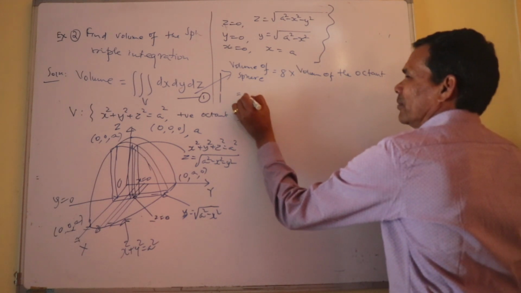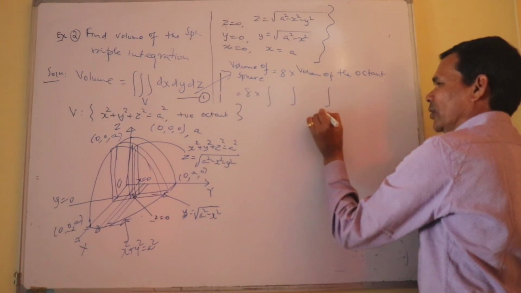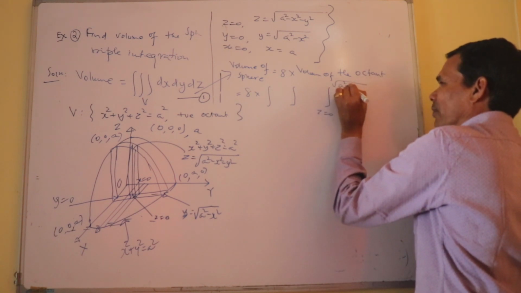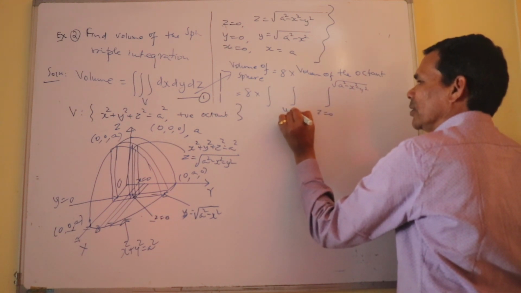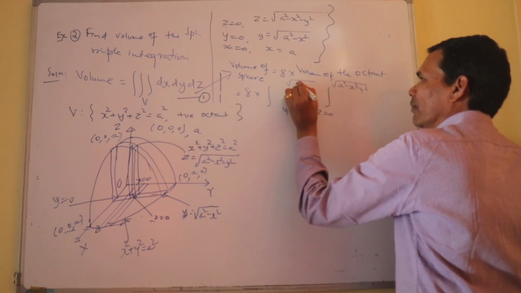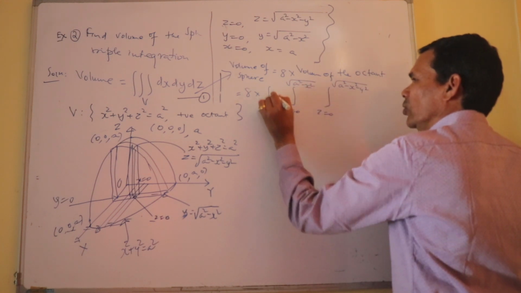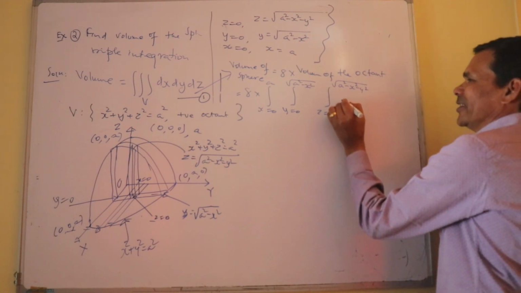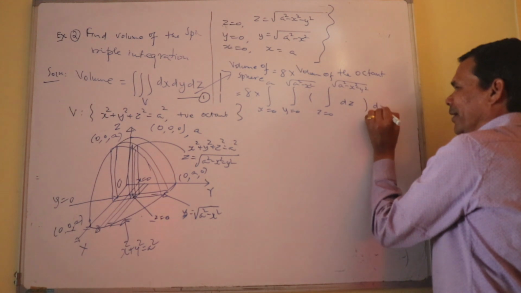So I just write this as 8 times the triple integration, and I put the limits there: z is equal to 0 to root of a square minus x square minus y square, then y is equal to 0 to root of a square minus x square, x is equal to 0 to a, then dx dy dz. So I take dz over here and dx dy.